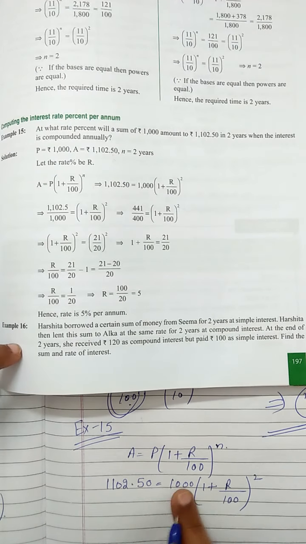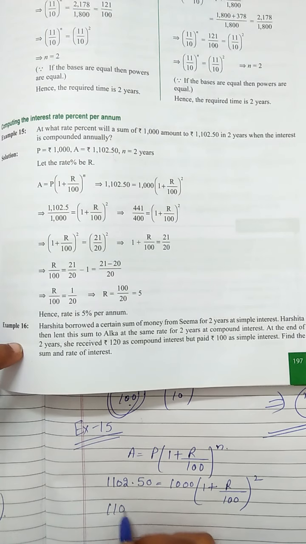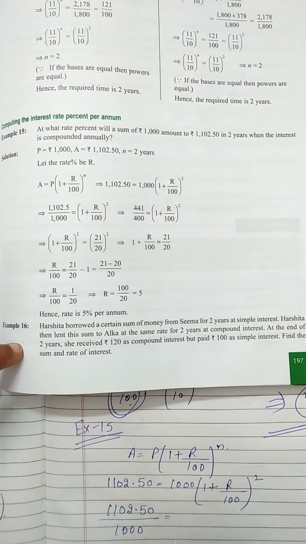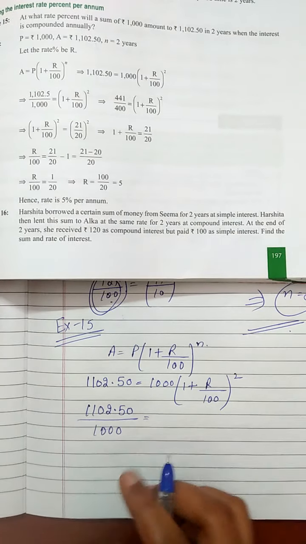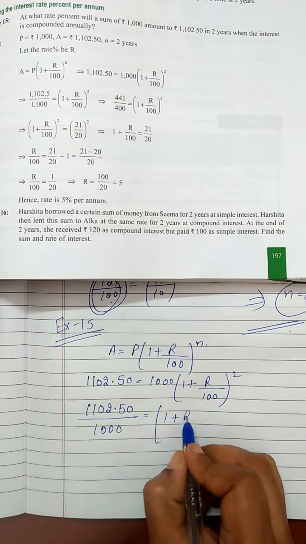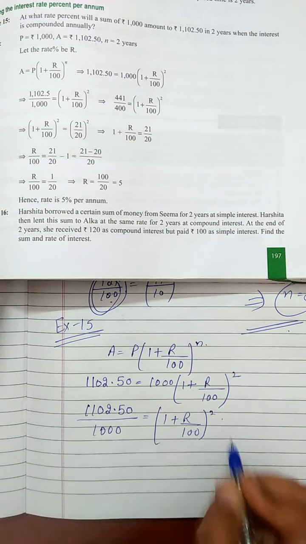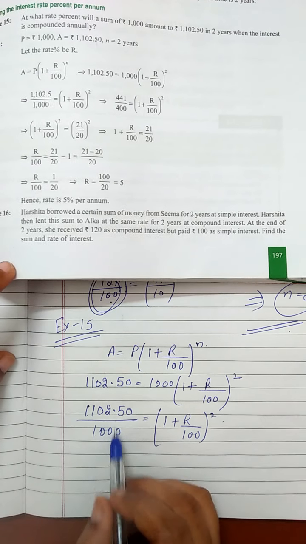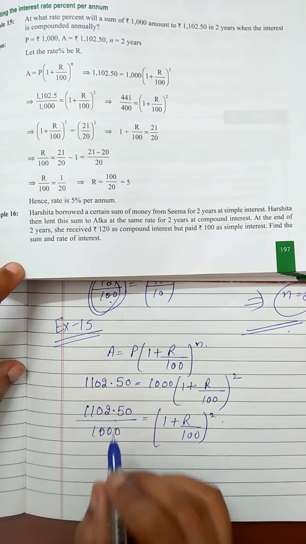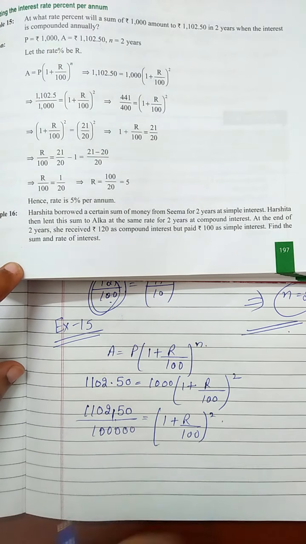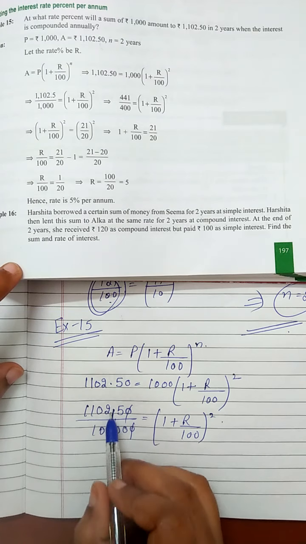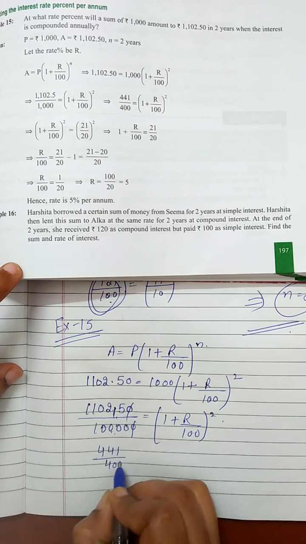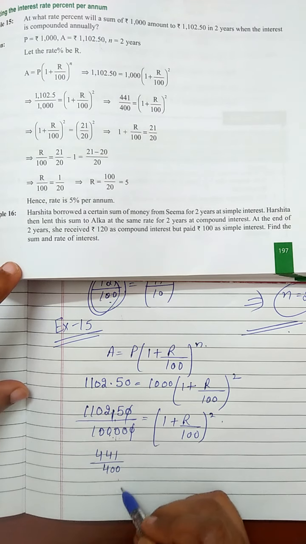Now take 1000 on this side: 1102.50 upon 1000 is equal to 1 plus rate upon 100 raised to power 2. Now we solve it, removing the point, zeros cancel, and after solving we get 441 upon 400. When we cancel it we get this answer.